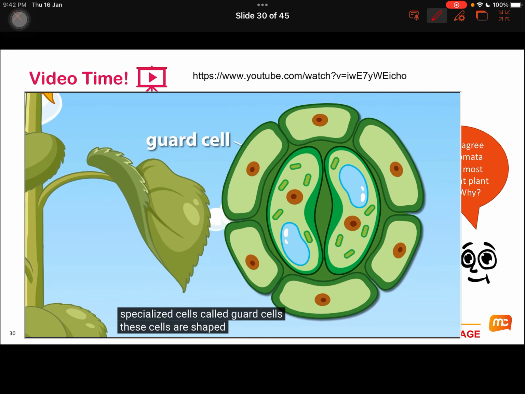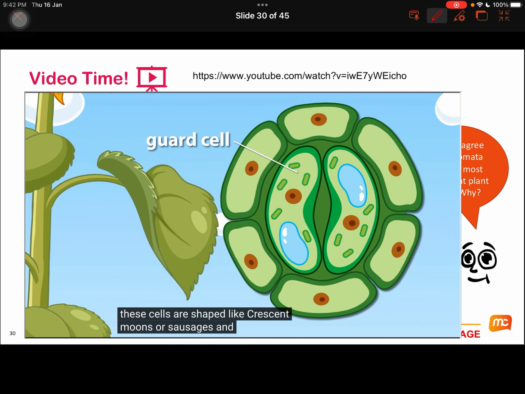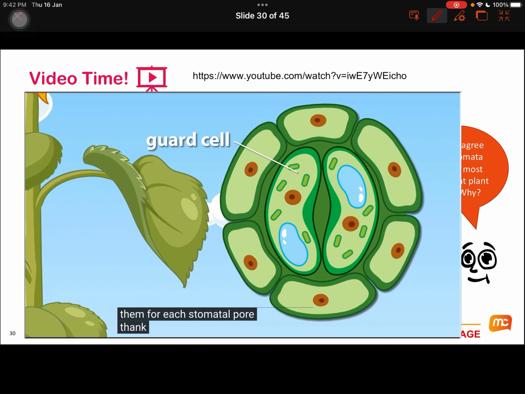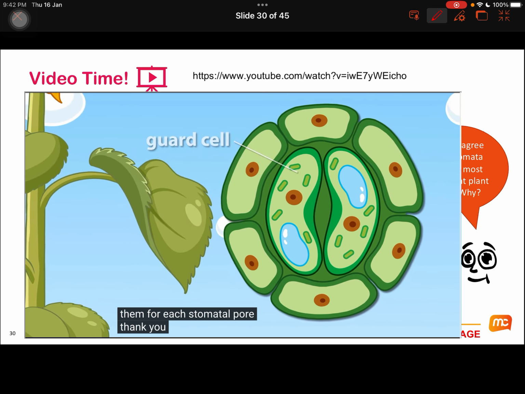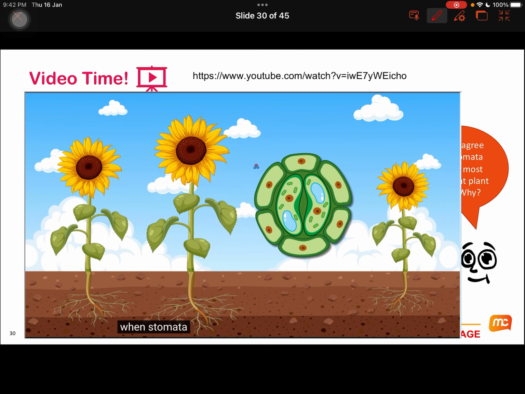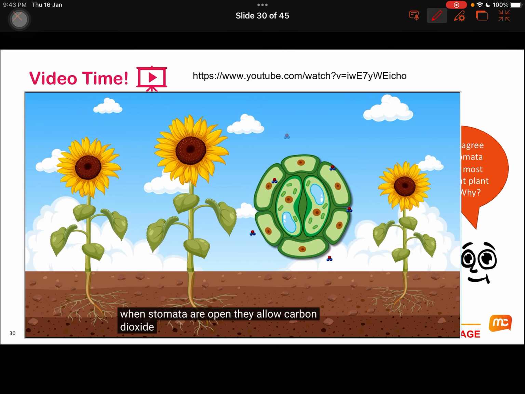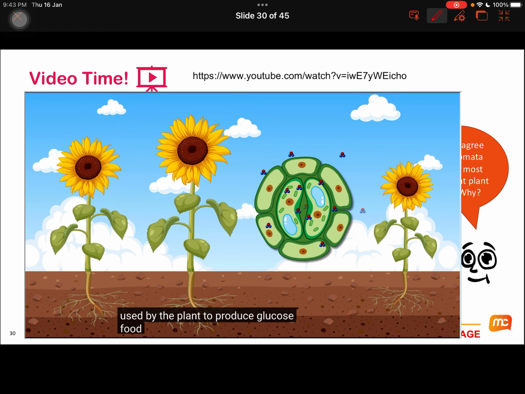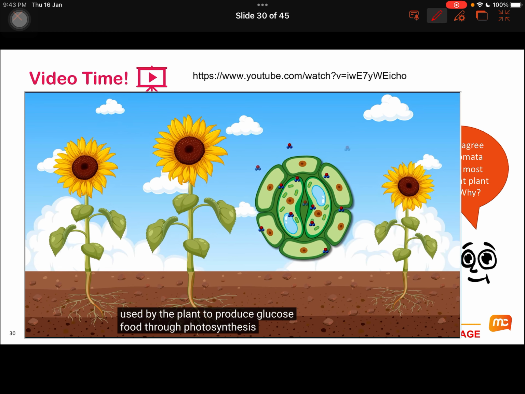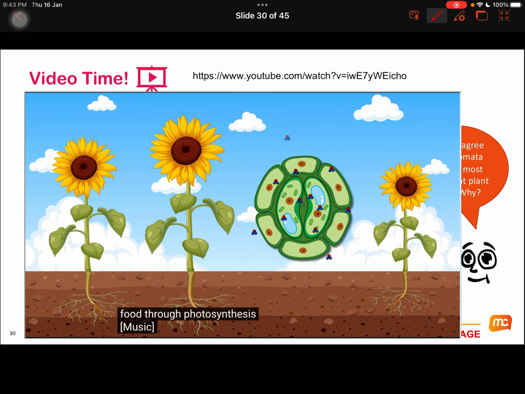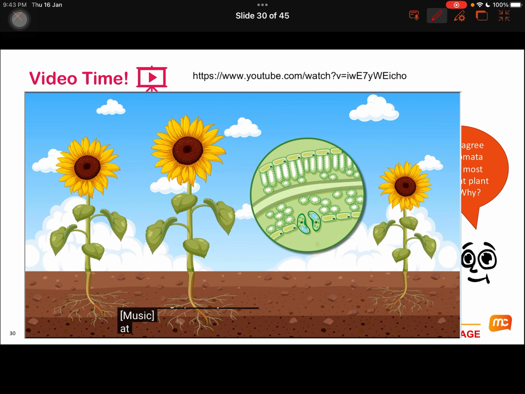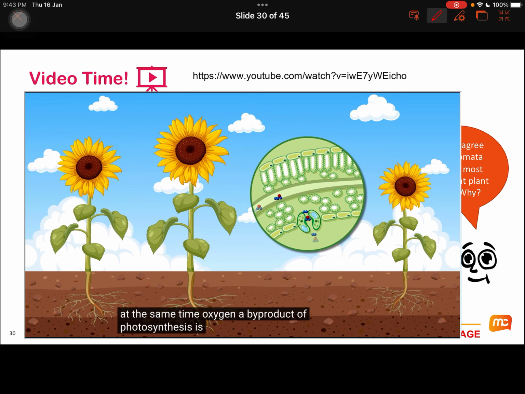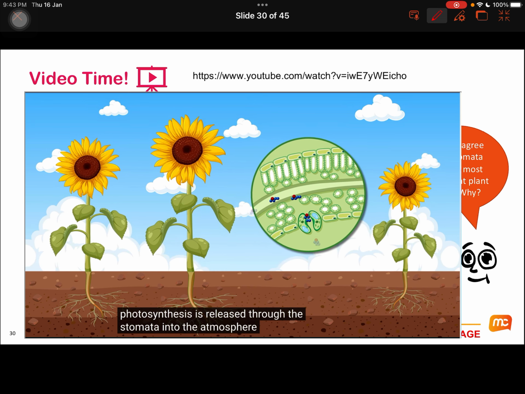These cells are shaped like crescent moons or sausages, and there are 2 of them for each stomatal pore. When stomata are open, they allow carbon dioxide to enter the leaf, which is then used by the plant to produce glucose, food, through photosynthesis. At the same time, oxygen, a byproduct of photosynthesis, is released through the stomata into the atmosphere.